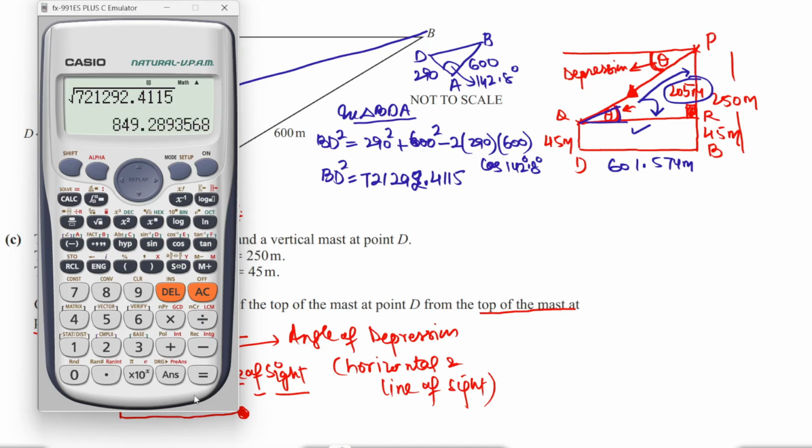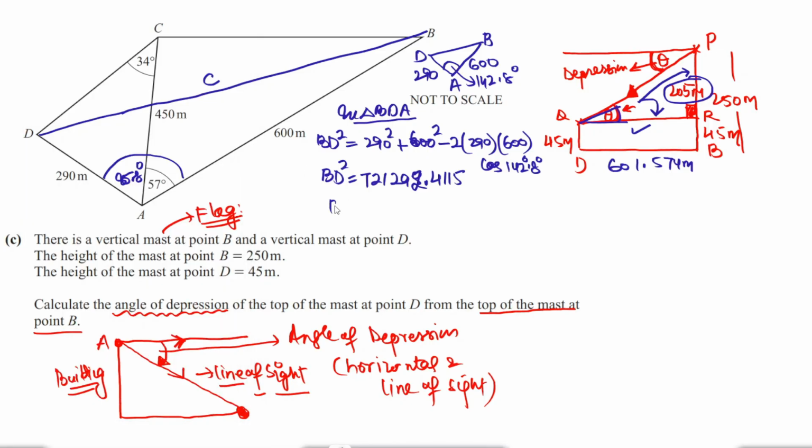Okay, this is the correct value. And we got 849.289. So this is the value we got here, 849.289.